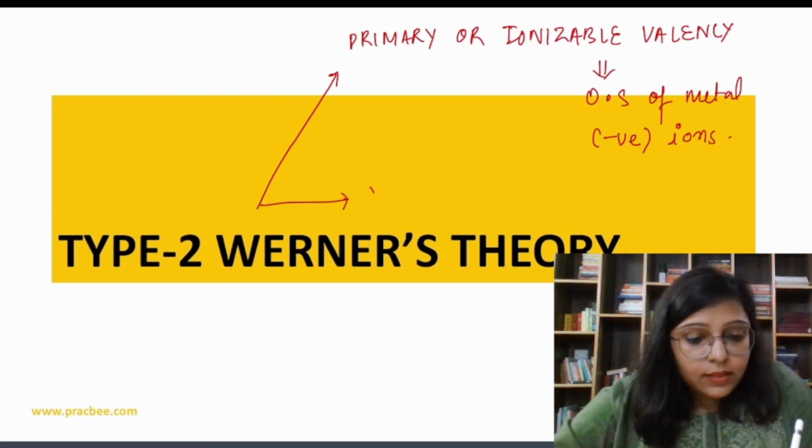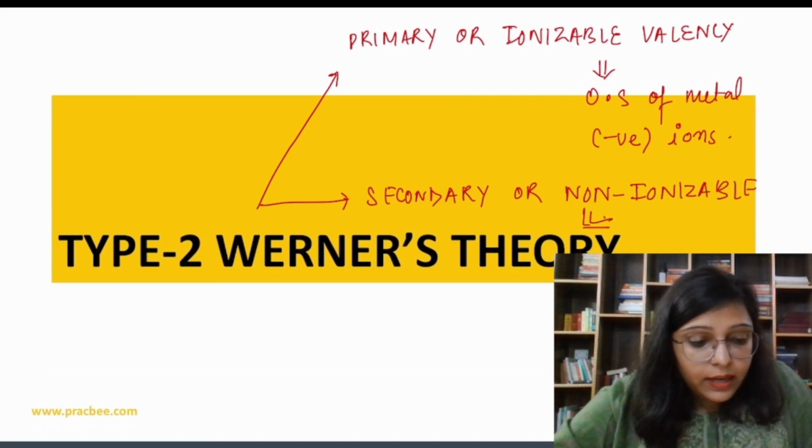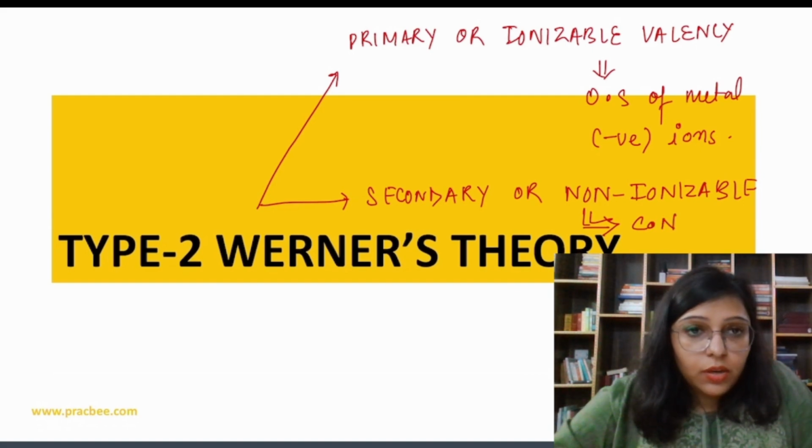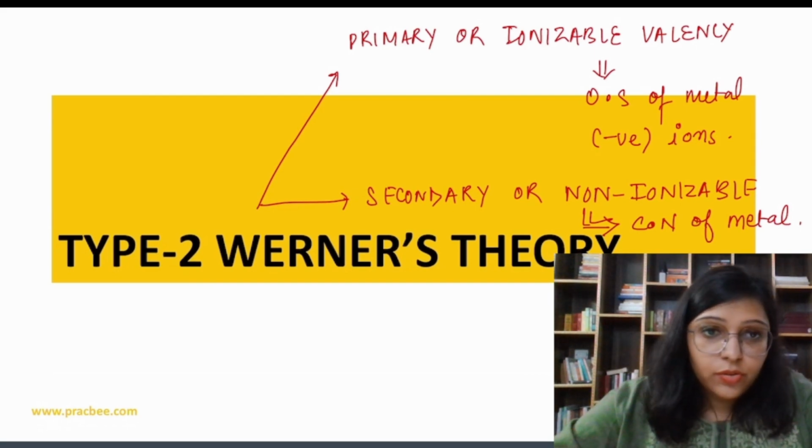Okay, next, secondary or non-ionizable valency, and it tells us about the coordination number of the metal. Okay, so we are going to discuss questions related to this.